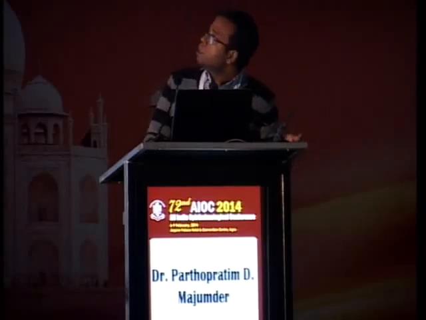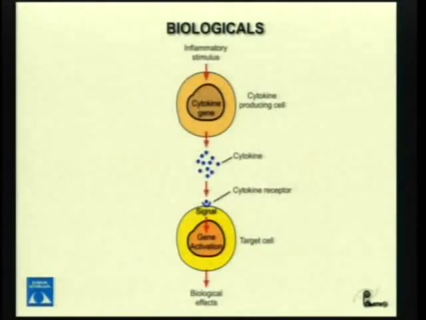If you see the normal inflammatory reaction, what happens? There is an inflammatory stimulus. It acts on the cytokine gene of the cytokine-producing cell. Then they release the cytokine, and the cytokine receptor carries this signal, the gene is activated, and they release the inflammatory mediators, and there are biological effects of the inflammation.